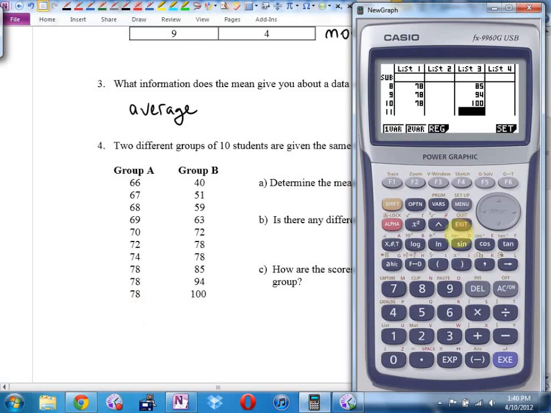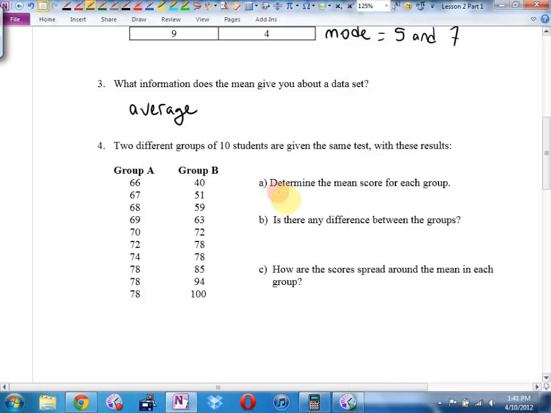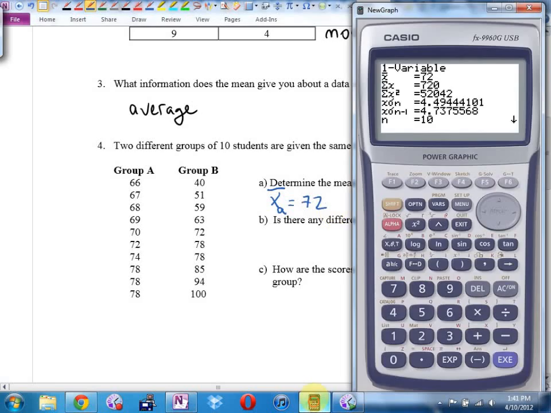Exit. 1 var. What's the mean of group A? 72. X bar of A is 72. How do I go back? Exit.